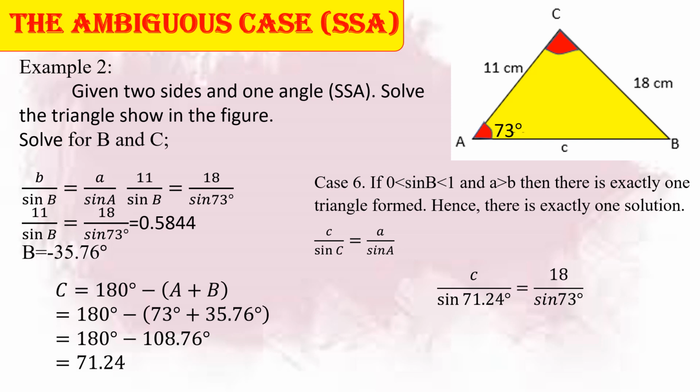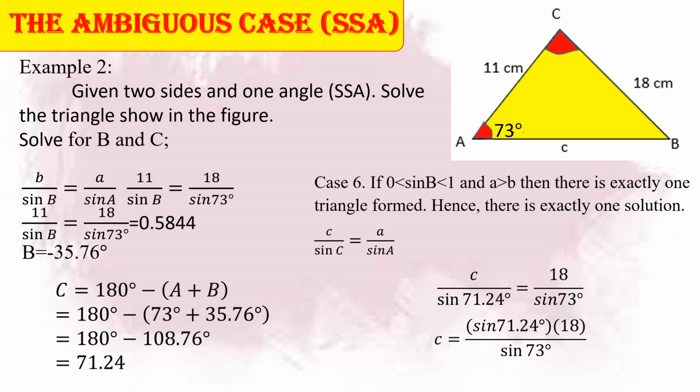So sine 71.24 times 18, then just get the answer all over sine 73 degrees, and that makes negative 0.397131869 and so on. So let's check if that's correct.